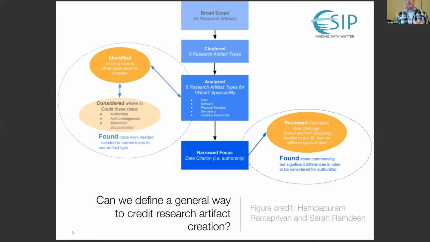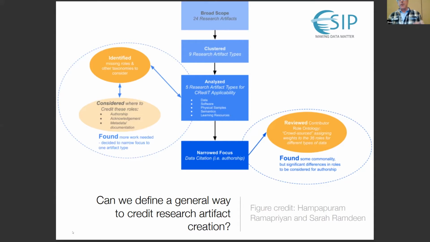Those are data, software, physical samples, semantic artifacts, so things like ontologies and taxonomies, and then learning resources. Over the course of several ESIP meetings, we went through an exercise where we assessed them against CRediT to start with, and found that the taxonomy doesn't really work for things other than papers. So we identified some missing roles and some other taxonomies to examine.